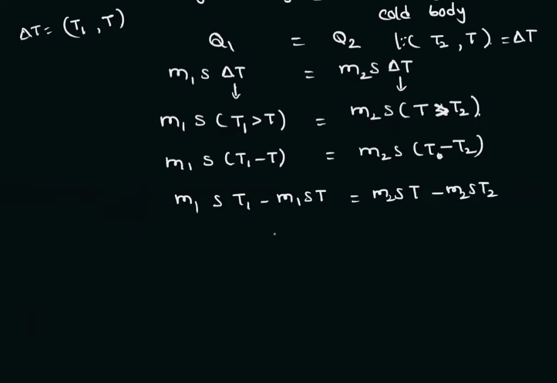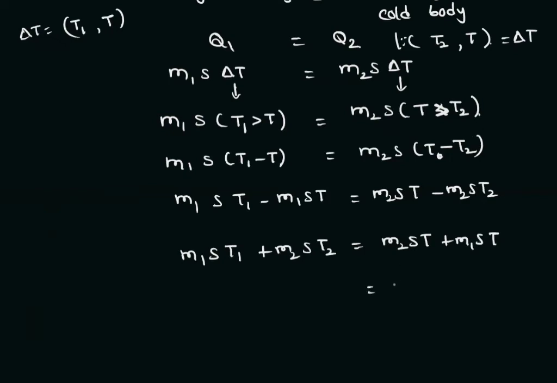Now simplify this. So what will you get? M1, M2, so common points you can search for. M1S T1 plus M2S T2 equals M2S T plus M1S T.